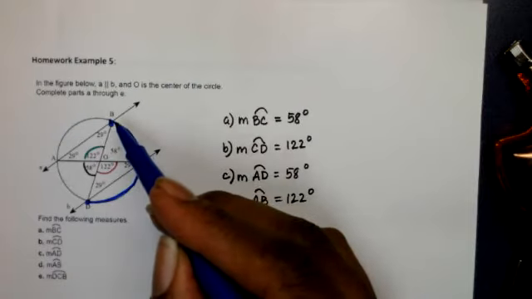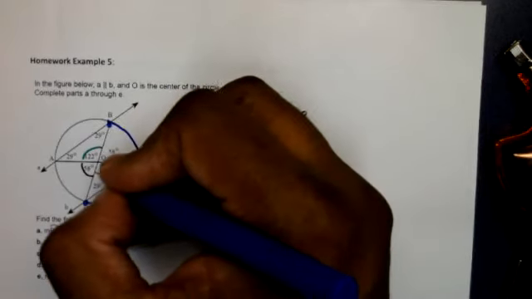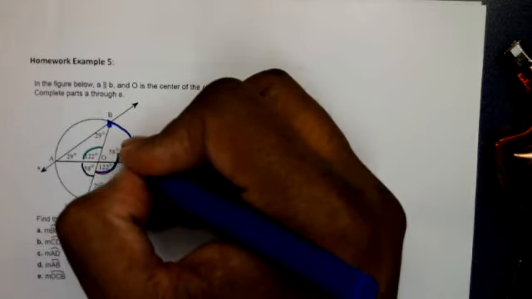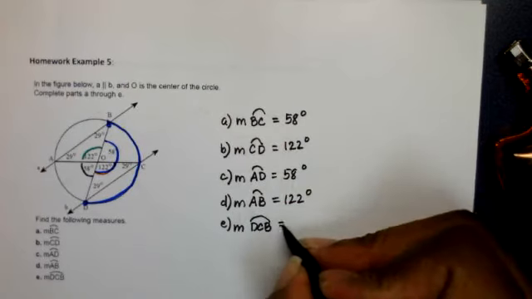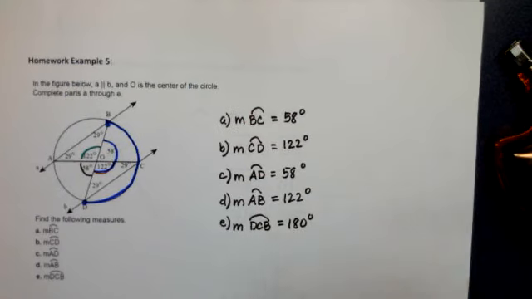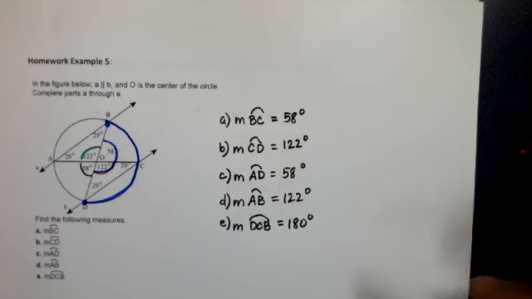DCB is a semicircle. And I need to include 122 degrees and 58 degrees. That's going to be a total of 180 degrees. So that means that the measure of arc DCB must be 180 degrees. Okay.